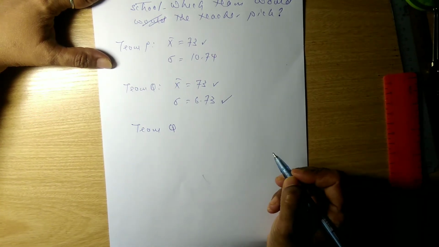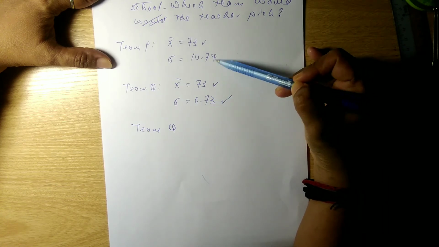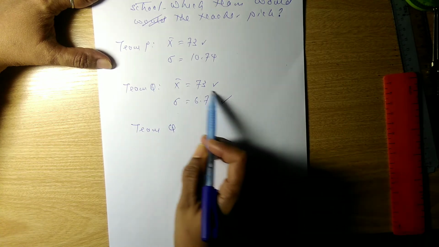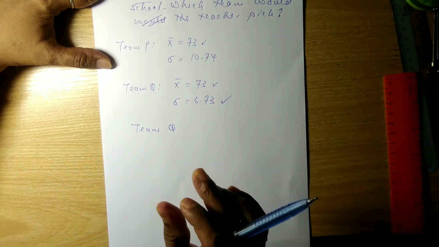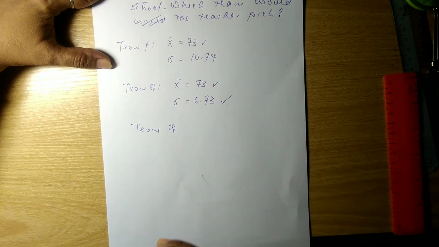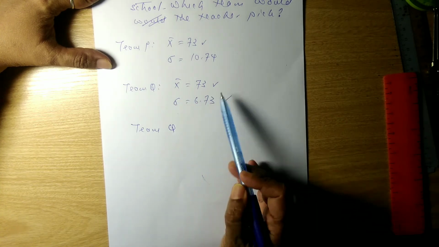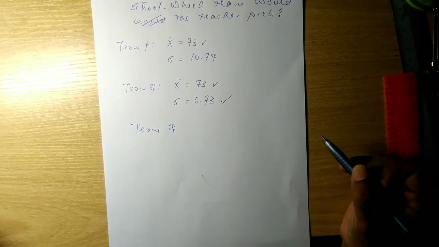Why? Usually when you have a smaller standard deviation, what does that mean? It means the data you have collected is not very widely scattered. The scores obtained by these team members from team Q are very near to each other, or very consistent.